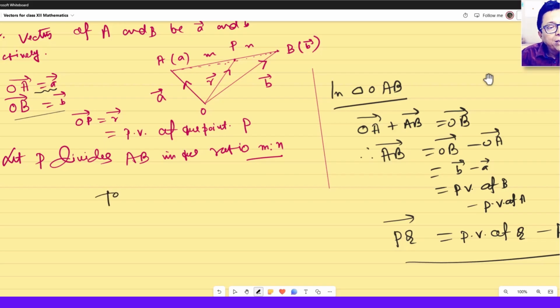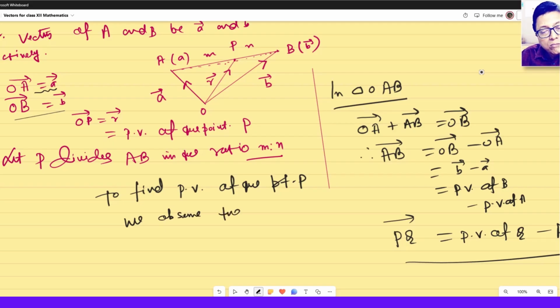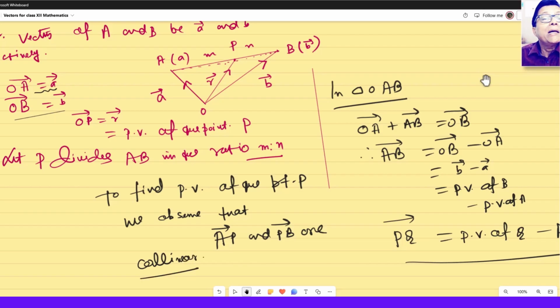To find the position vector of the point P, we observe that AP and PB are collinear. They lie on the same line. They have the same direction also.